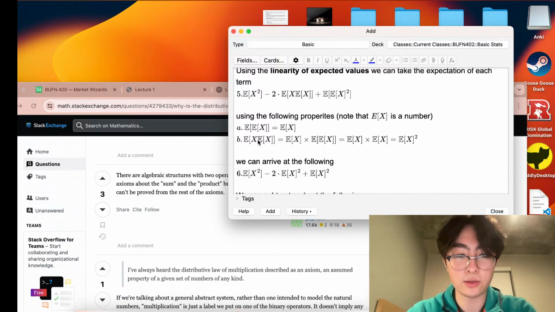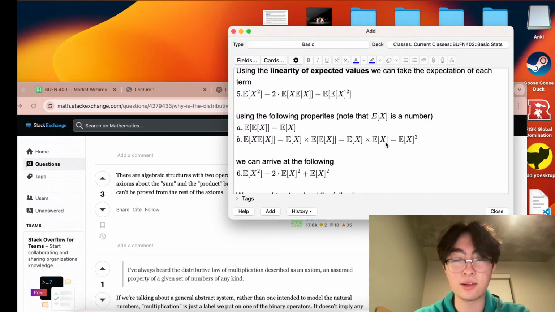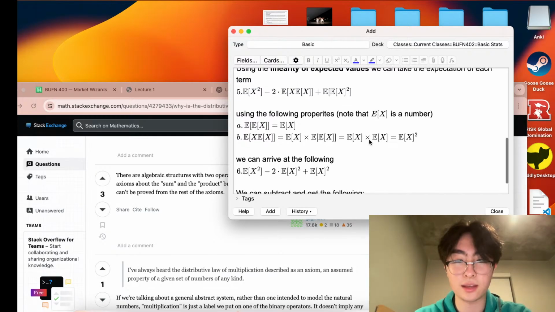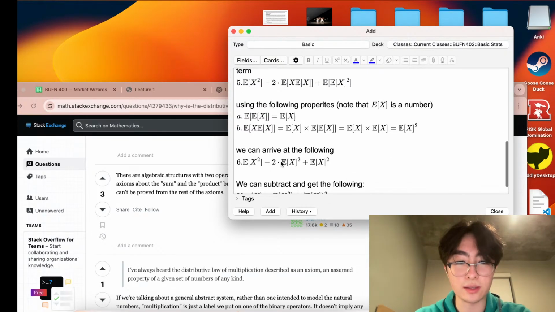So we say that ex times ex is equal to ex times ex, which is equal to e of x times ex, which is equal to ex squared. So now we have something that looks like this.